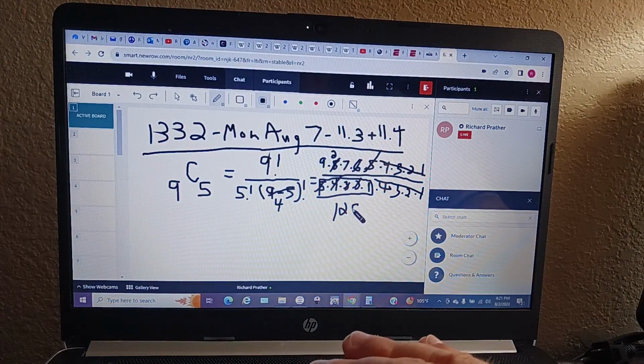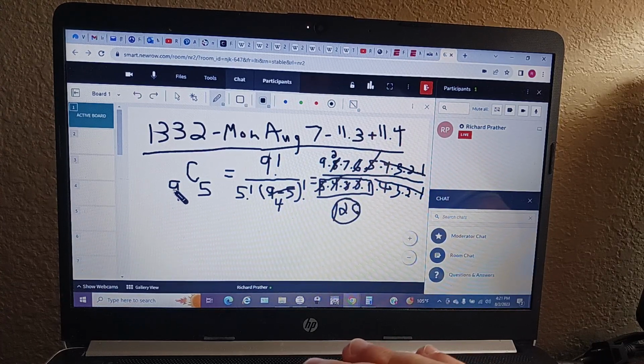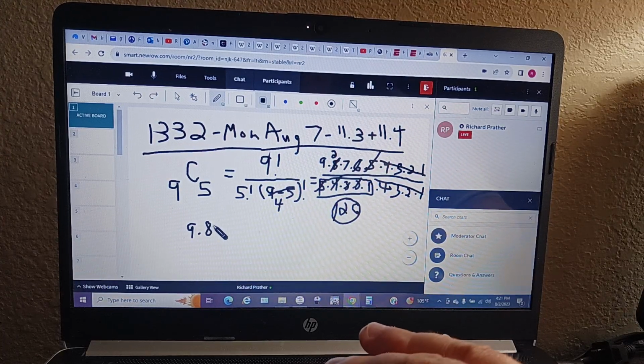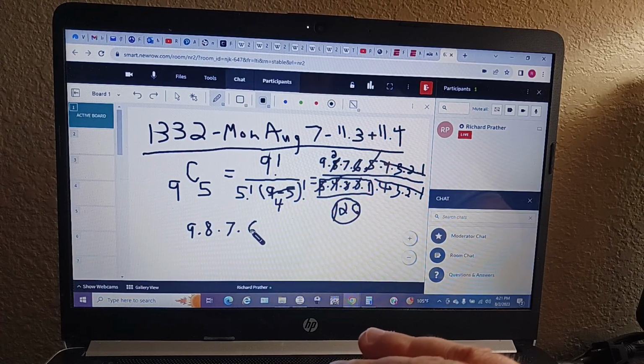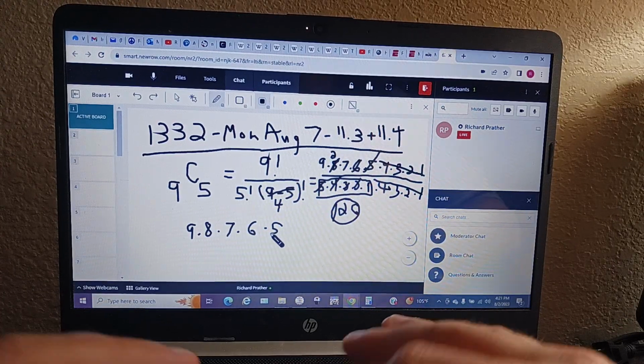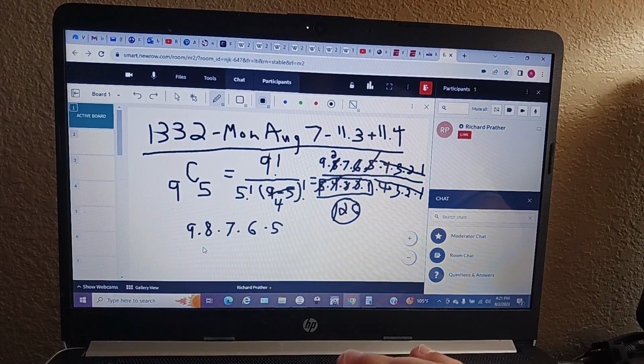And the shortcut, what I like to do instead of doing all this, is 9 combination or permutation 5. I start with 9. I start decreasing by 1 until I have 5 numbers. 1, 2, 3, 4, 5. And then if it's a permutation, that's all you do. Just take out your calculator and type it in.